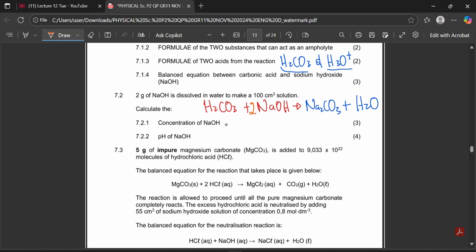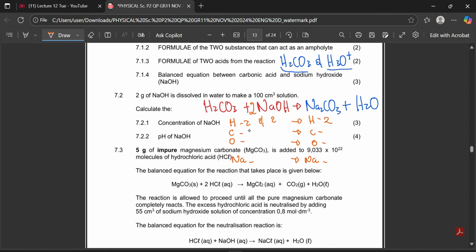Now remember, this affects my number of hydrogens, and so I have hydrogen, carbon, oxygen, and sodium. And on this side, I also have my hydrogen, my carbon, my oxygen, and my sodium. My hydrogen in this case is 2 and 2.